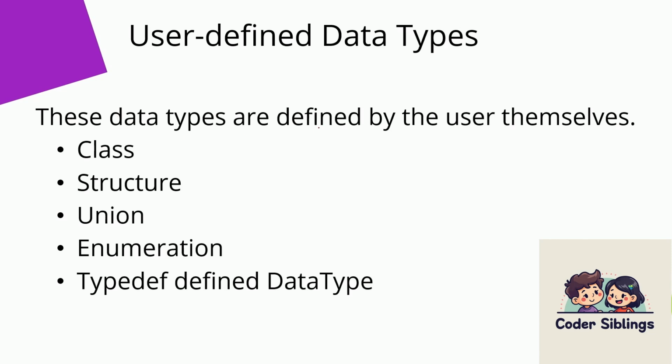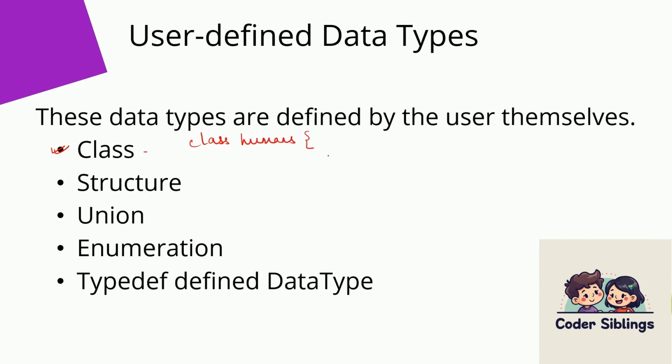Moving on to user-defined data types. They are defined by the user, meaning that say for example, let us take an example of a class. A class is just a collection of variables and methods, and it is used for any particular purpose, say like we have a class humans, right?